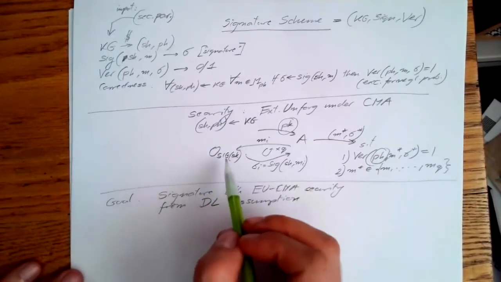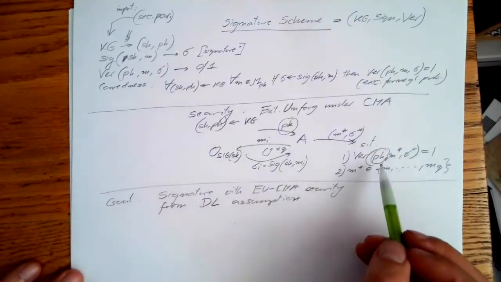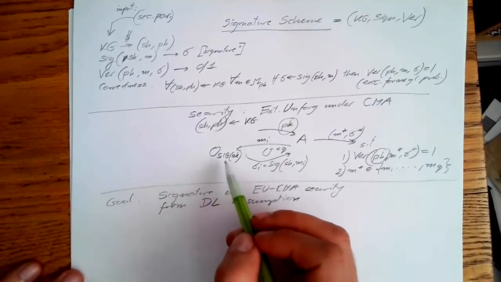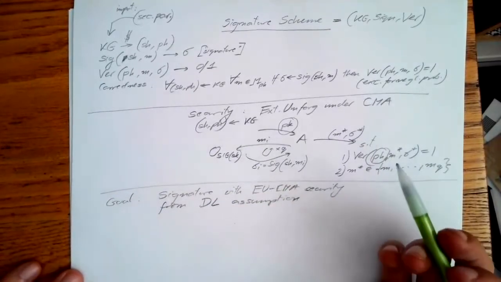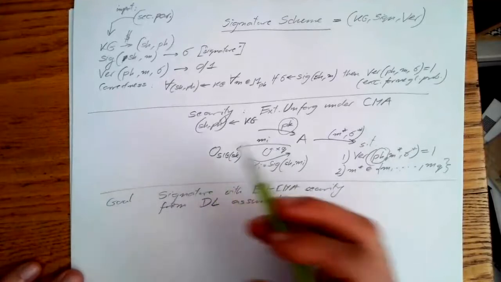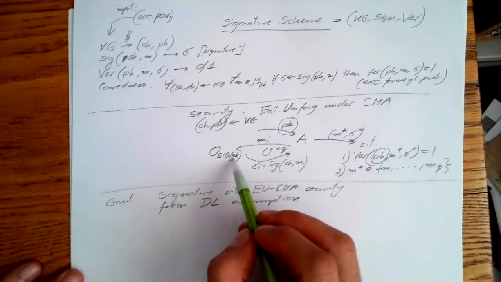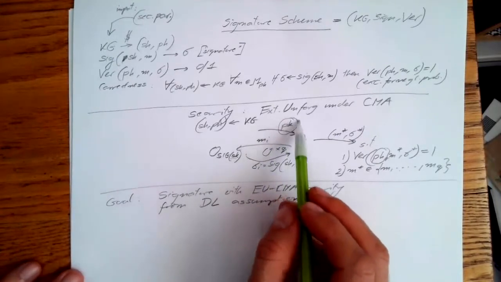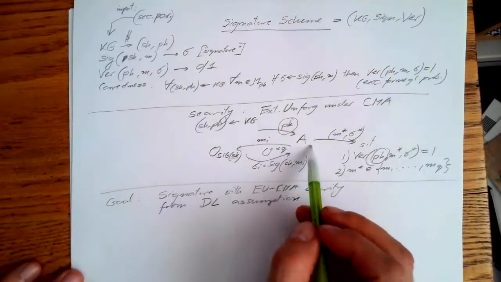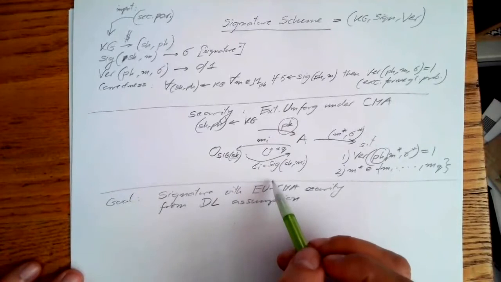A MAC had a single key, and the only person who could verify was the one who has the key. So if I give people the ability to verify, I also give them the ability to sign. And here the two are different. There is a key that allows signing, and there is a key that allows verification, and this one can be published to the world, in particular the adversary knows it.